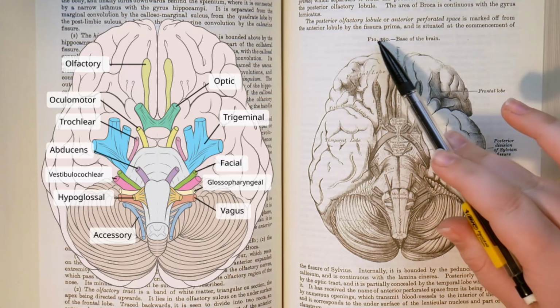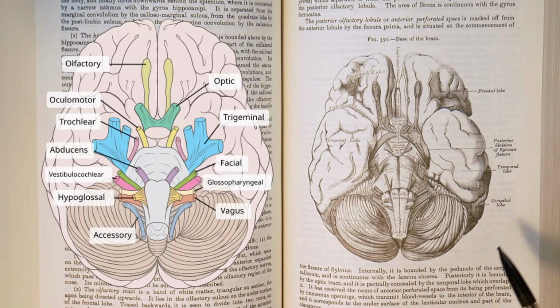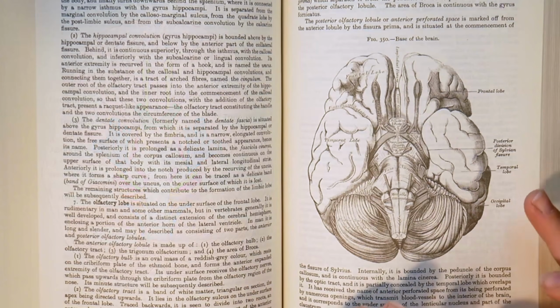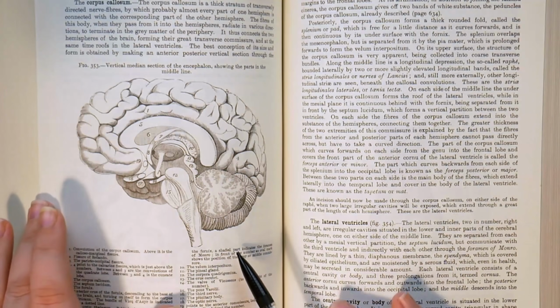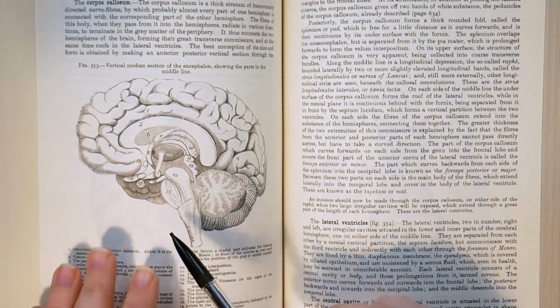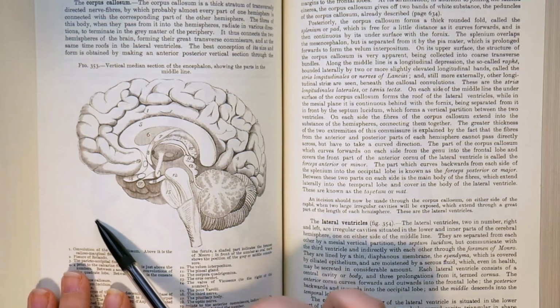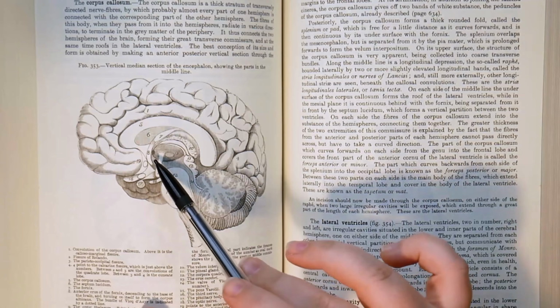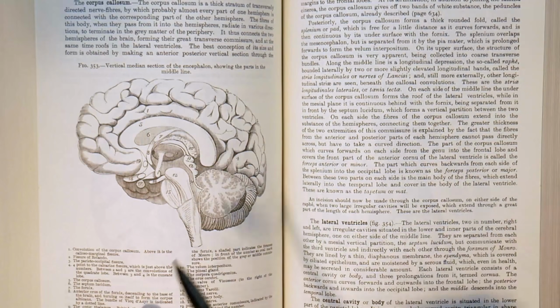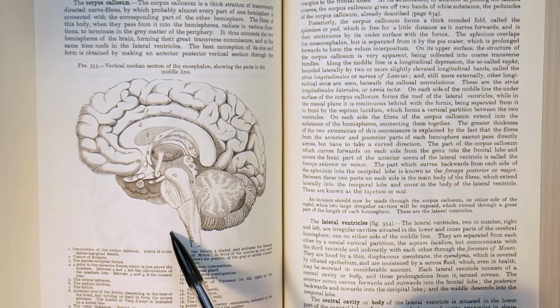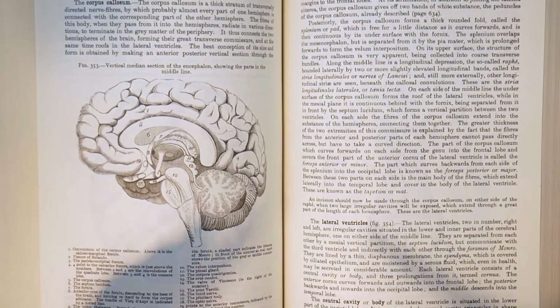However, this is a bit of a deceptive view, because if we look at it in a more classic view from the side here, then we can see the cerebrum, the cerebellum, and the brainstem here, where things are arranged a little differently.